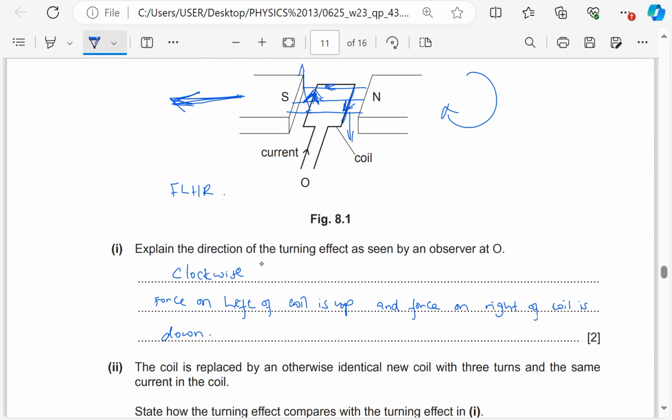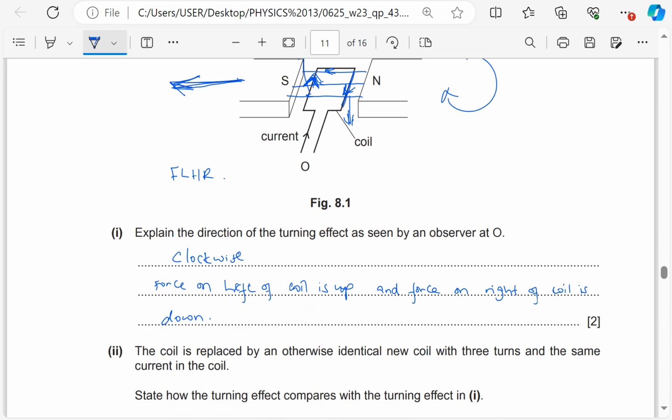So the force on the left is up, the force on the right is down, so it is going to cause a clockwise rotation onto the coil.